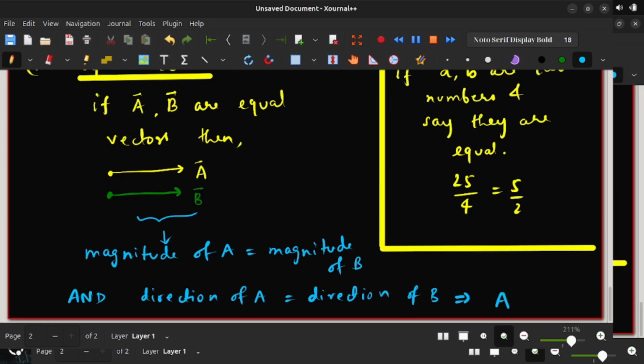So I can put a pointer in this direction, a little pointer that will tell me the direction of A vector. This pointer will tell me the direction of B vector, and those caps are the same. Okay, good.